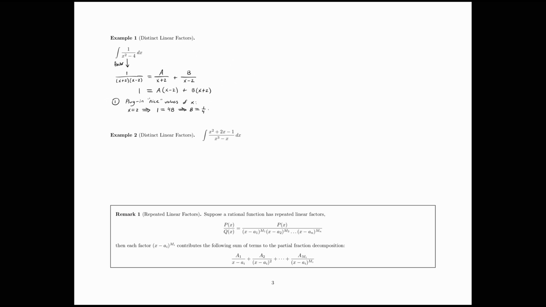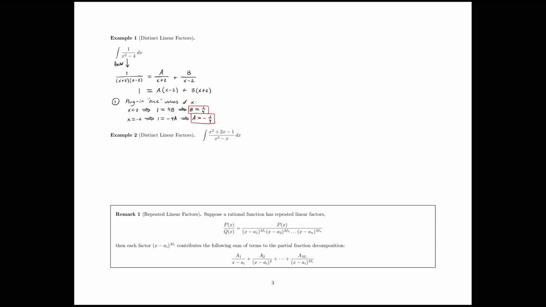So that's great. Similarly, another nice value you can plug in is x equals negative 2, and then something similar happens here, and this would be negative 4A. So A equals negative 1/4. So now we have our two needed constants.